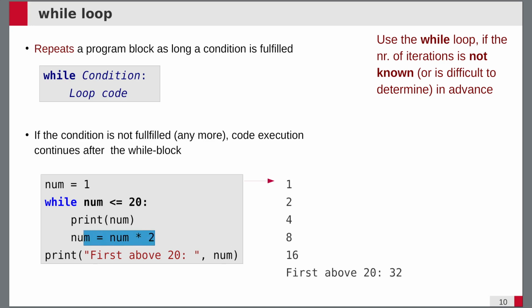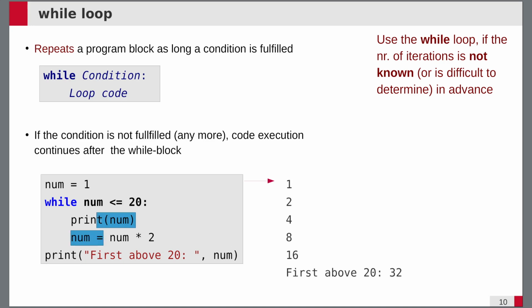And we would always increase it until the increased value is not less or equal than 20 anymore, and then we would continue the execution after the while, right? And then what would this algorithm do? It would give you the first number above 20, the first power of 2 above 20. Of course you could have calculated that by other means as well, but it shows you the principle.